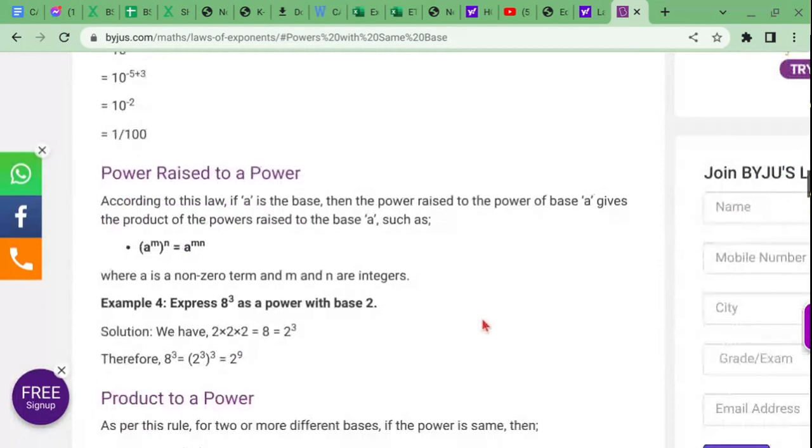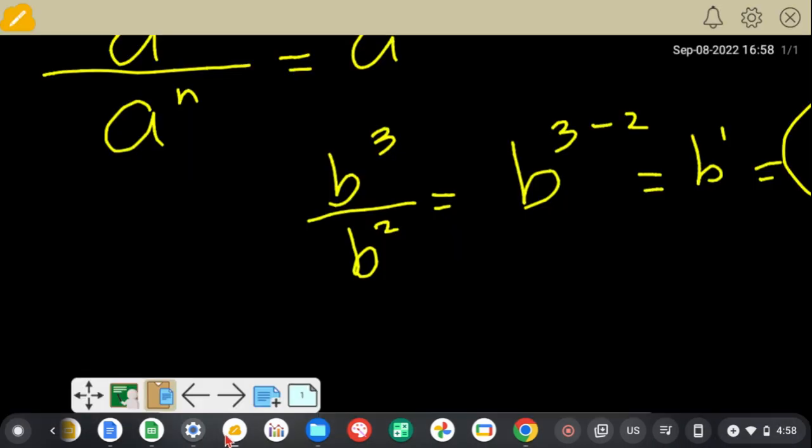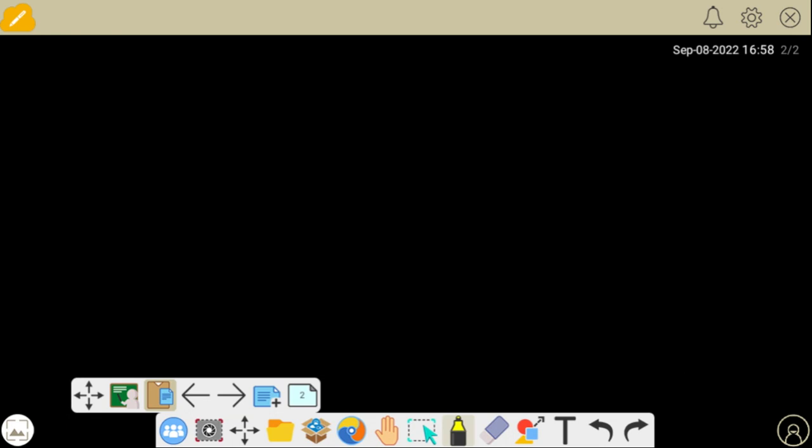We have power raised to a power. That means if we have a raised to m, an arbitrary exponent, we don't know exactly what the exponent is, so we just represent it by a letter.